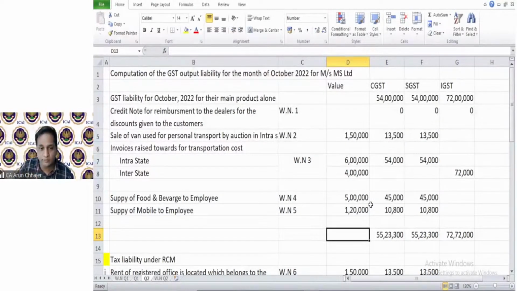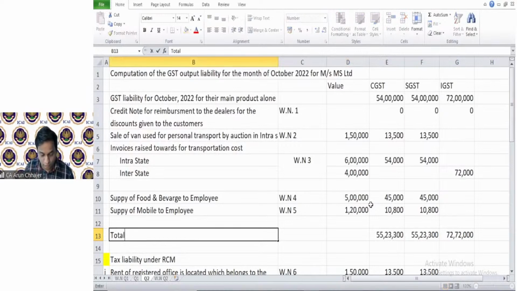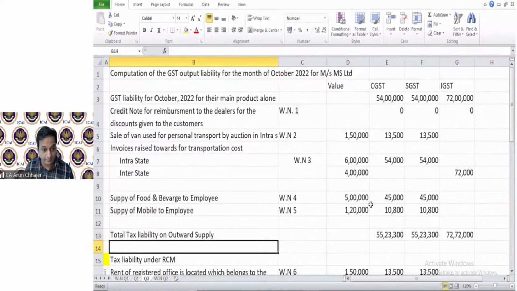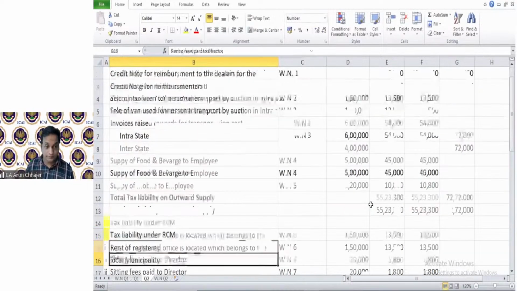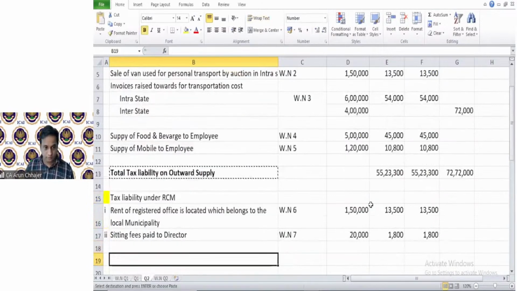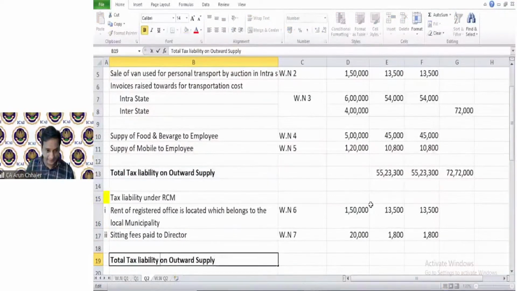Is it okay till now? So total tax liability on outward supplies, total tax liability under RCM on inward supply, correct?